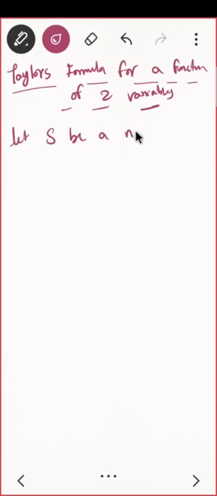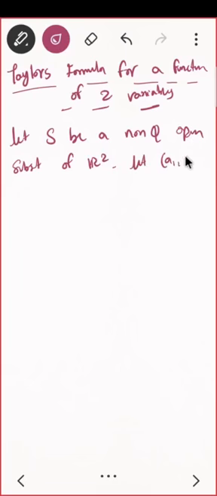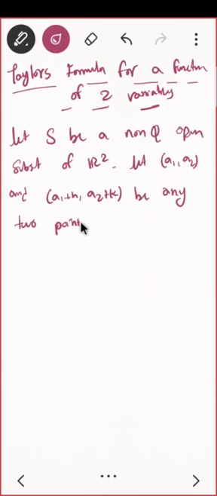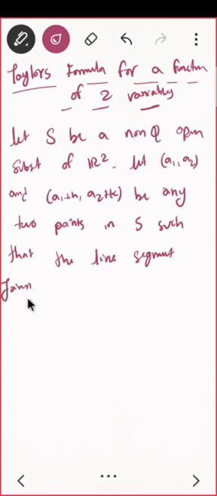Let (a1, a2) and (a1 plus h, a2 plus k) be any 2 points in S such that the line segment joining these 2 points lies entirely in S.